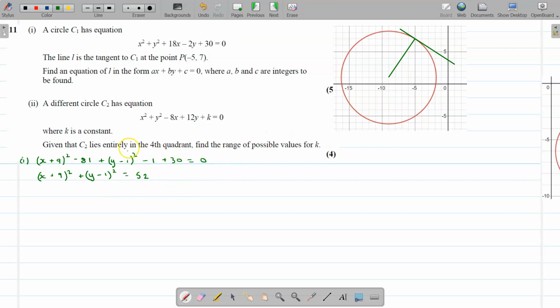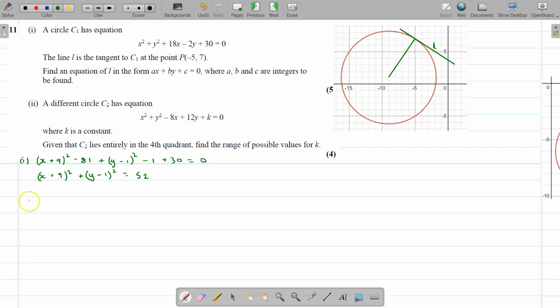Okay, now to find the equation of the line L, which is this one here, that's what we need. The equation of that line needs the gradient of L, so let's first do the gradient of the radius.